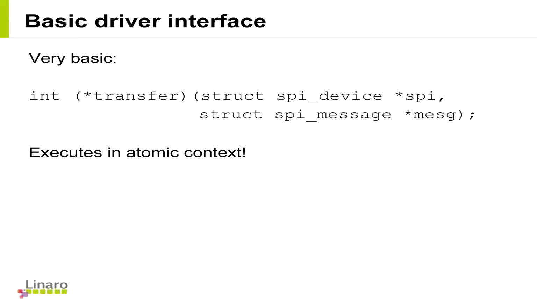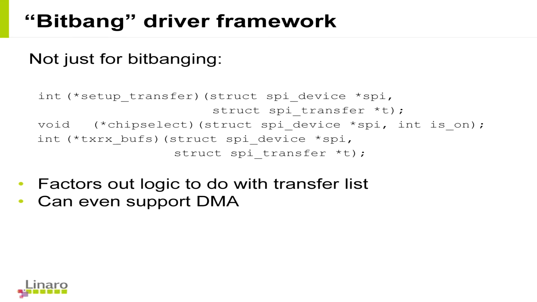Clearly, that's a lot of work and not very satisfactory for driver authors. So all the initial SPI drivers that were merged when the framework was merged used a framework called SPI bitbang, which was included along with the main framework. This deals with most of the complexity of implementing transfer in this asynchronous context.